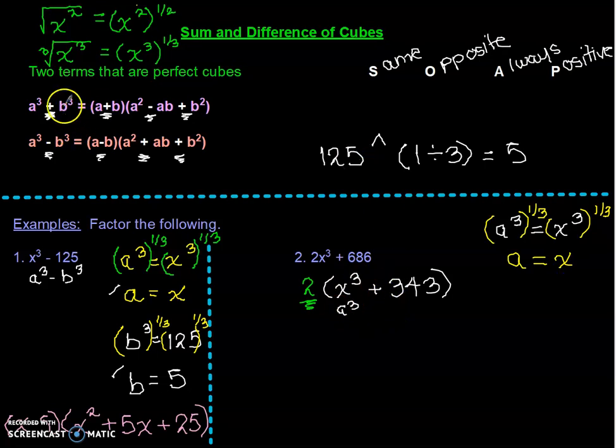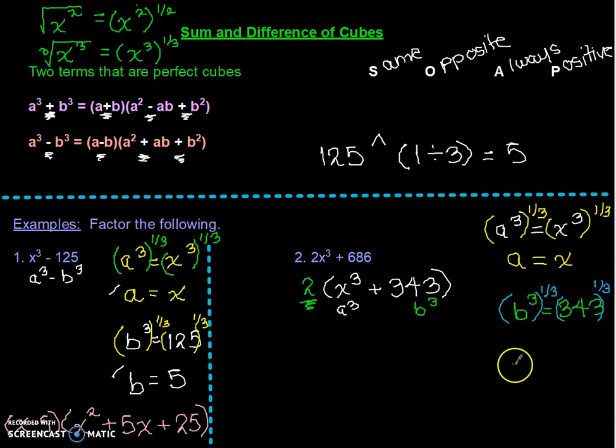Sum, remember there's already a sum formula, so I don't need to worry about the operation itself. The second term is b to the third power. b to the third power equals 343. Again, you can either find a number that multiplies by itself 3 times to give you 343, or you can give it a power of 1 over 3 to get rid of that 3 and make sure you balance it.